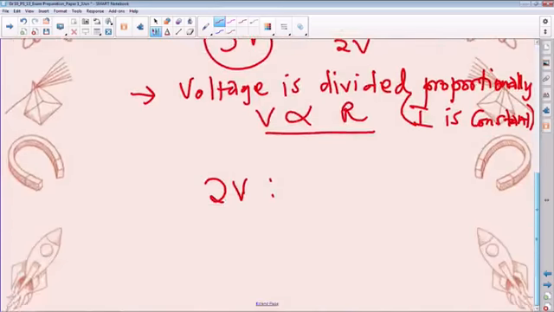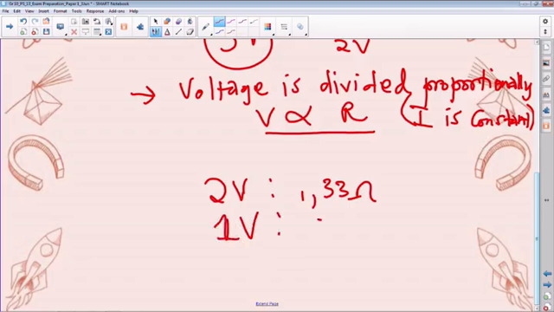2 volts is to 1,33 ohms, and then 1 volt would be, let it be X, right? So this is double, this is half. It means the resistance of R2 in this case would be 1,33 divided by 2.